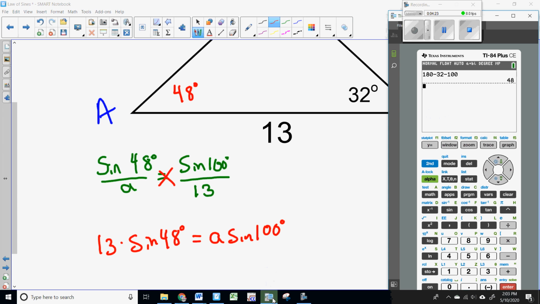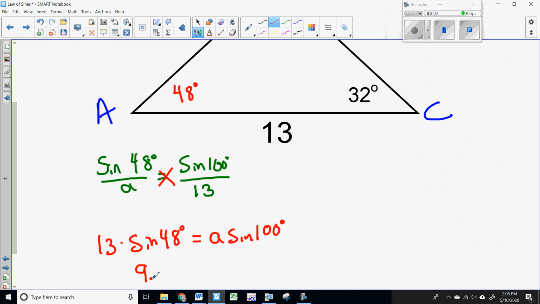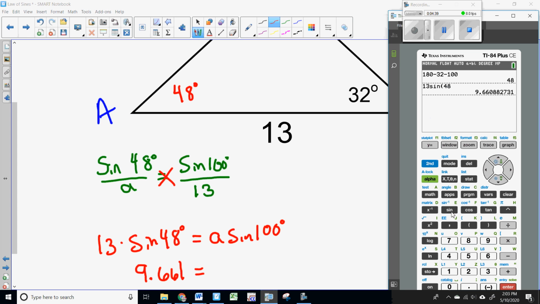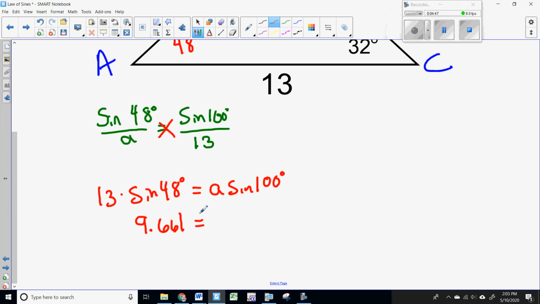And if we put this in the calculator and we do 13 sine of 48, we get 9.661. If I do the sine of 100, I get 0.985. So this is 0.985 times A. So now if I'm solving for A, all I have to do is divide both sides by 0.985.